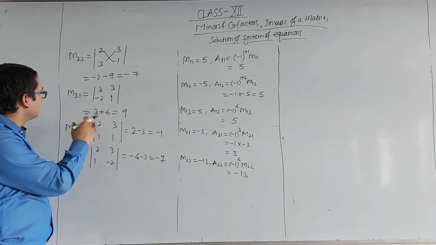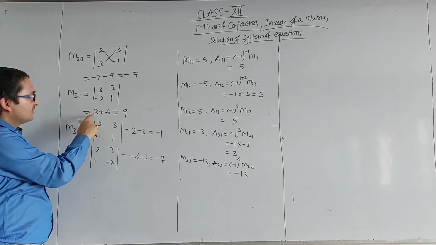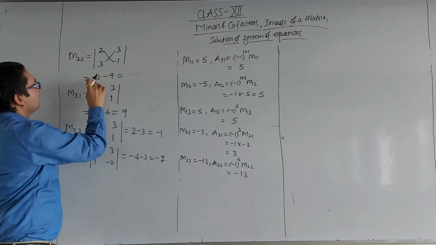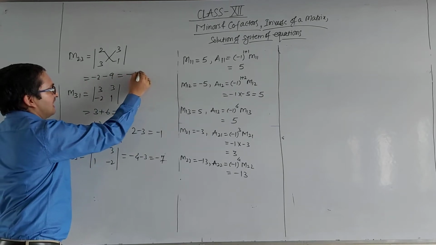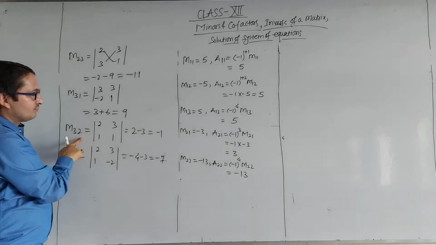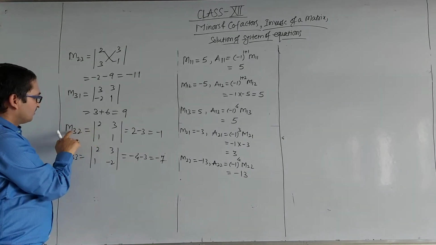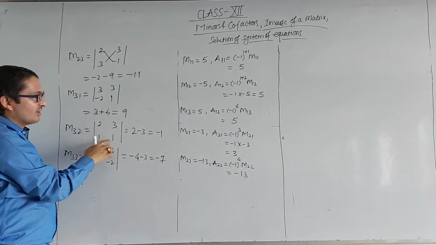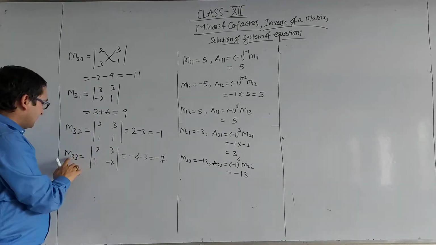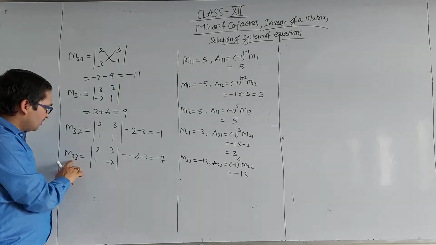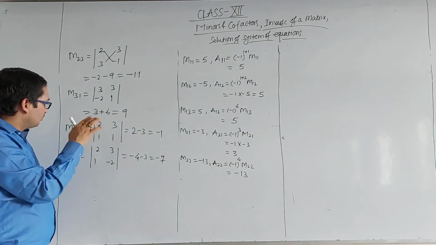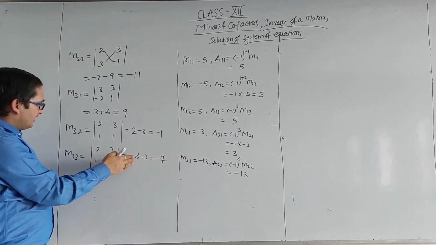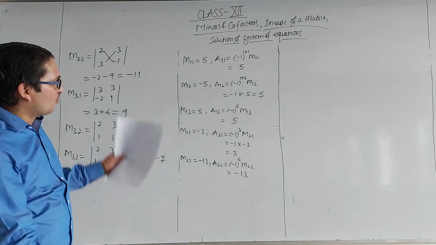One more thing we need to correct: minus 2 minus 9 will be minus 11. Now M32, third row and second column. You have to cover it, you will get 2, 3, 1, 1. And M33, third row, third column. You cover it, you will get this value. And we got all the minors over here.